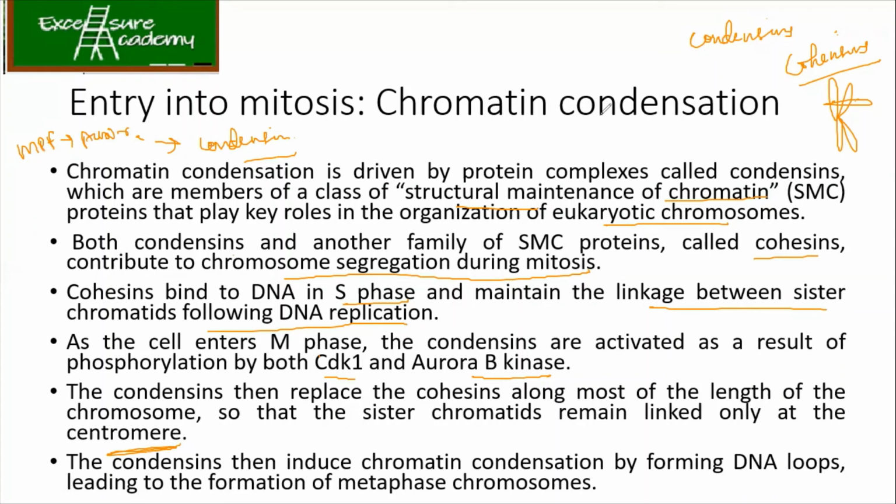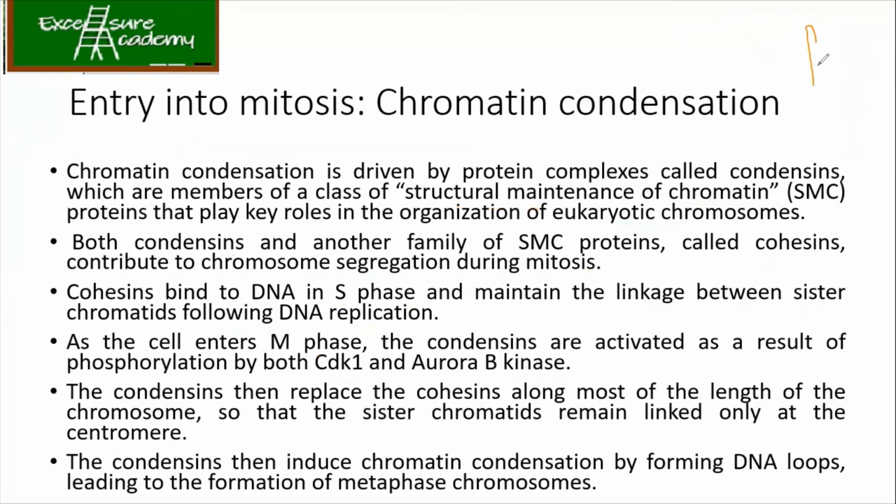अभी अगर आप देखो, I don't know whether someone has told you or not, your sister chromatids are like this. Centromere में they are connected, right? Cohesins क्या करता है? It forms connections like this, so that the sister chromatids are held together. Now, as just we saw CDK1 getting activated, Aurora B kinase getting activated, your condensins are getting activated.